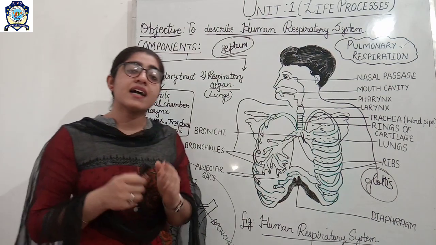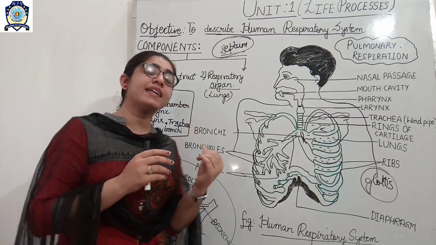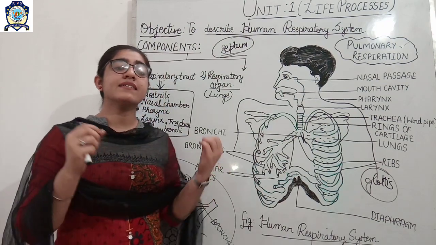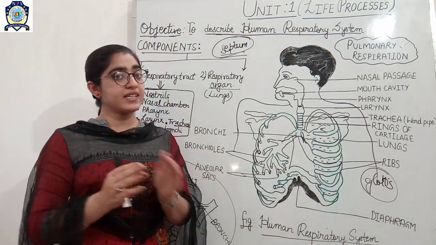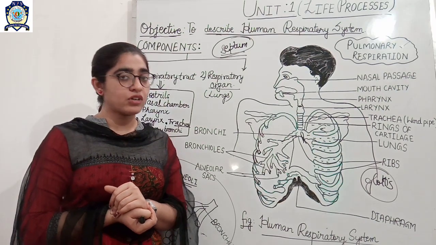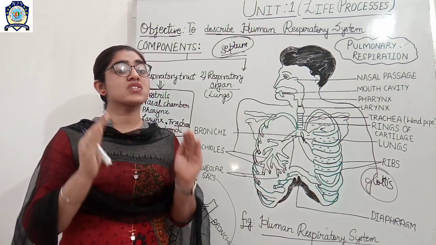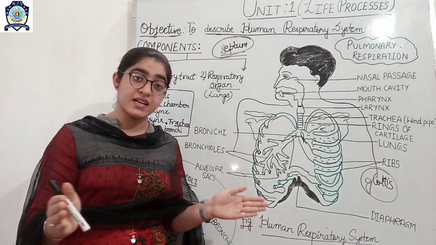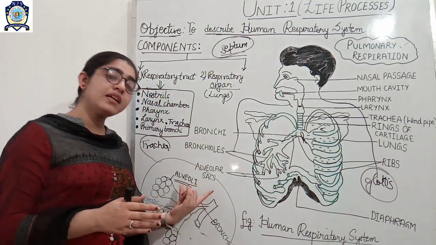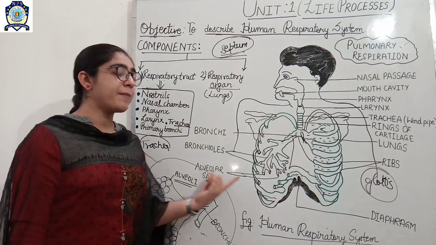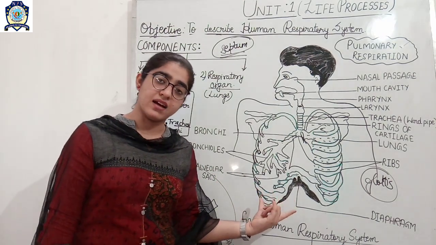Alveoli receive oxygen rich air. And what is again the function of alveoli? So alveoli help in the exchange of gases, and there are millions of alveoli present in the lungs.